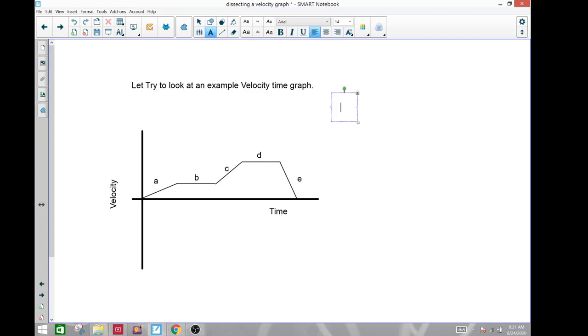What time frame did he go the fastest? That might be a question we could ask.